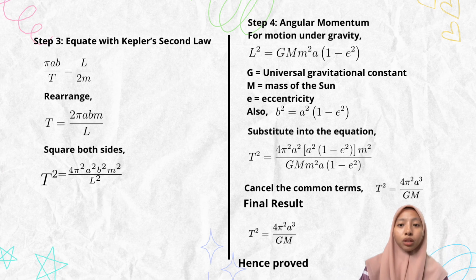Finally, we obtain Kepler's third law, which states that T squared equals 4 pi squared over G M times a cubed. This means that the square of the orbital period is proportional to the cube of the semi-major axis. Therefore, planets that are further from the Sun take a longer time to complete one orbit.